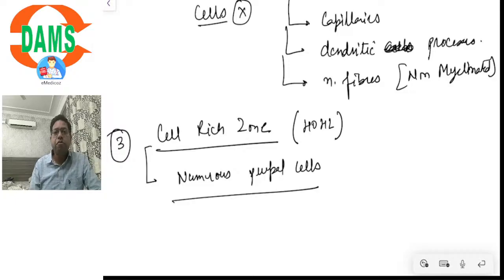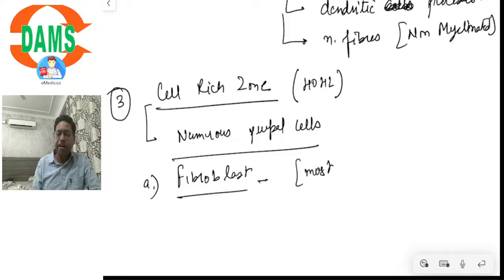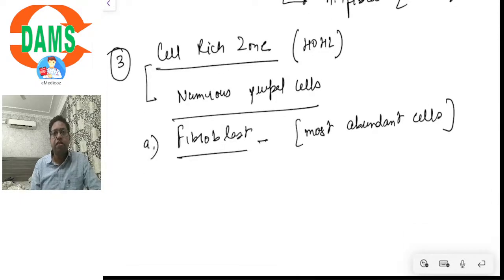What are the different cellular populations present? The most predominant ones are the fibroblasts. They are the most abundant cells of the dental pulp, always. And what is the function of fibroblast? All of you must be aware that fibroblast is the cell that secretes collagen.